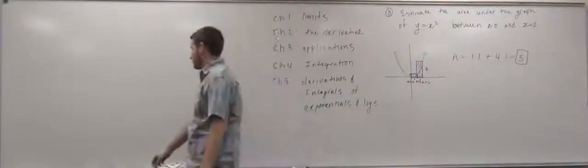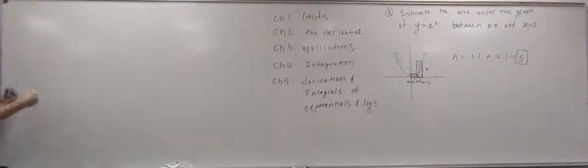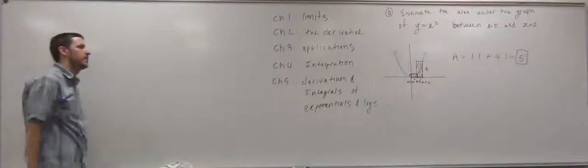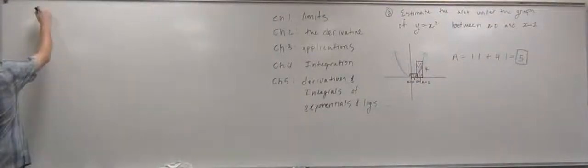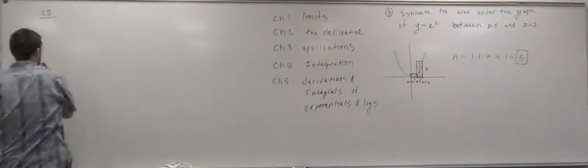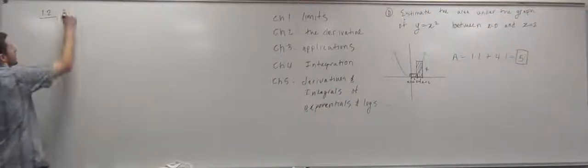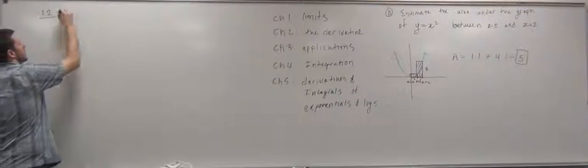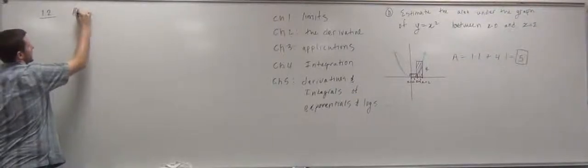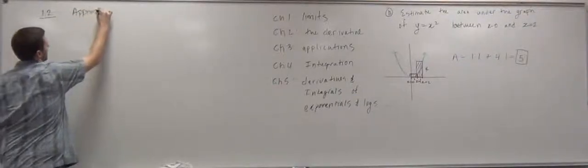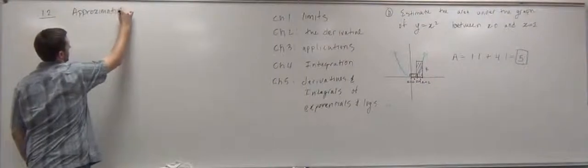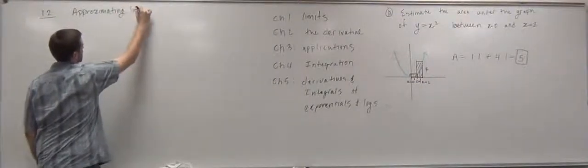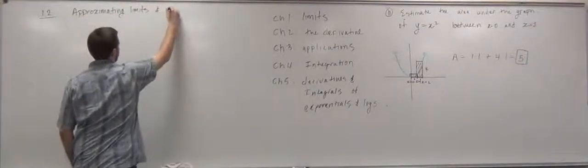So, chapter 1. Now that we kind of have an idea what we want to do, let's get into the nitty-gritty. Section 1.2 is sort of approximating limits, and the definition of a limit.